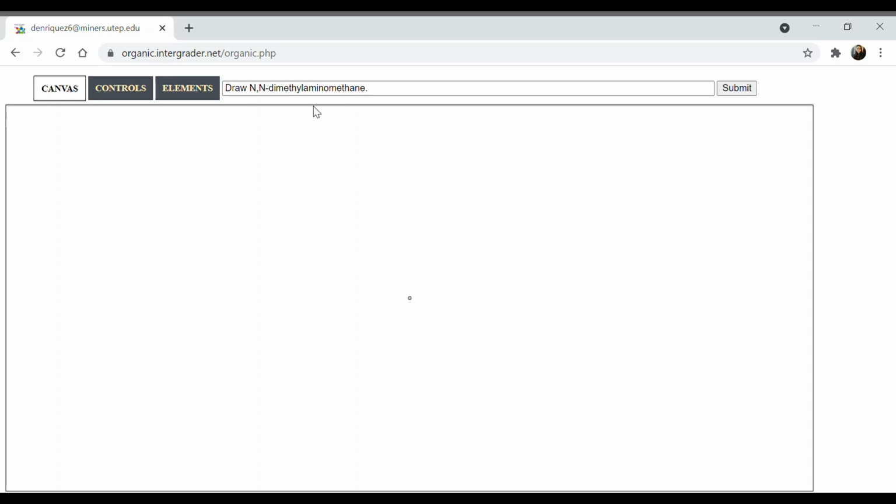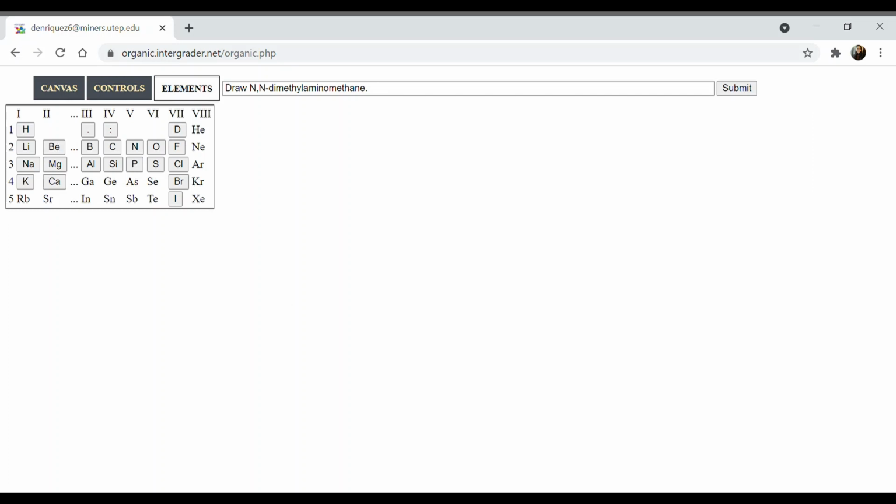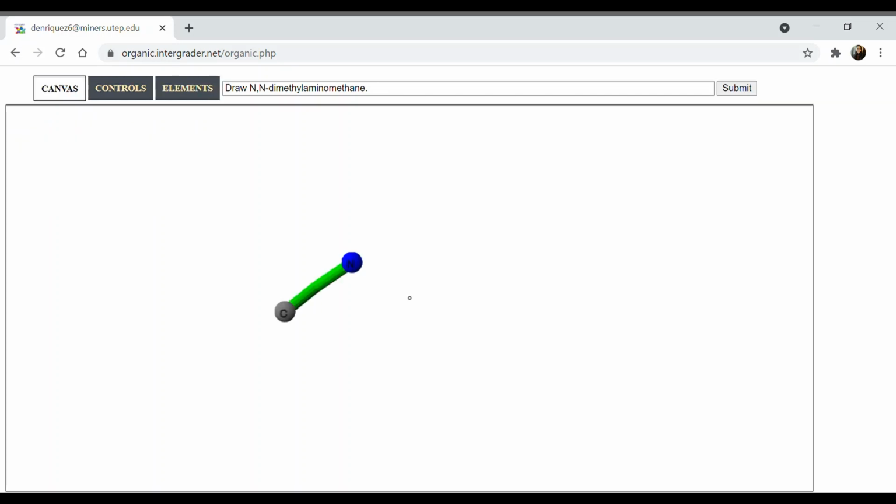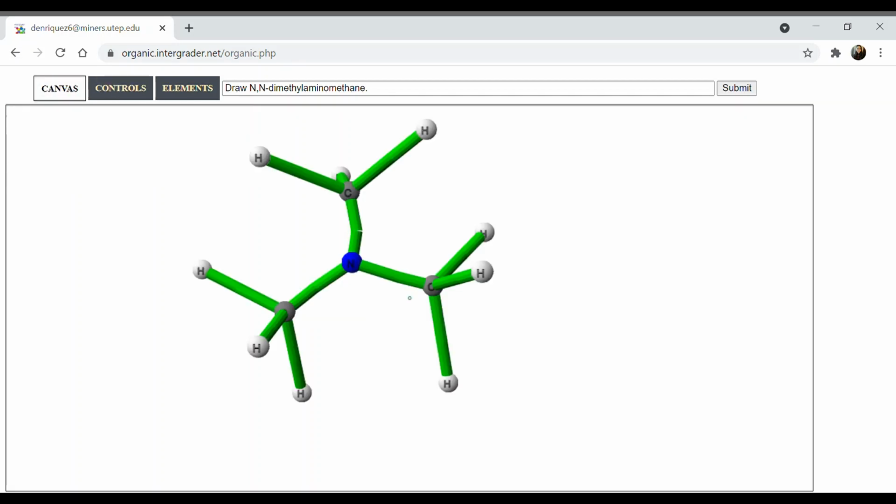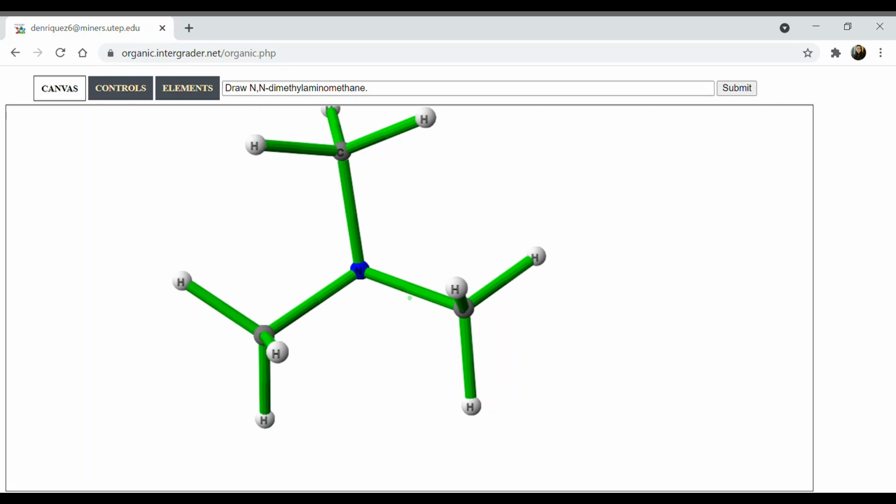Okay, dimethyl: wherever the N is going to be, the nitrogen, I'm going to have 2 methyls. I see methane, that's what I'm most familiar with, so I know it's 1 carbon. And then I'm going to have my nitrogen attached, and that nitrogen is going to have, so this is actually trimethylamine. I don't think I have that in my notes, different names.